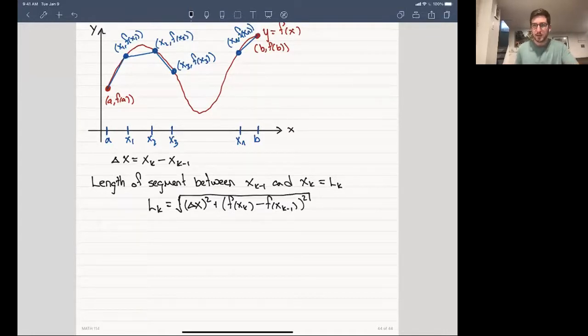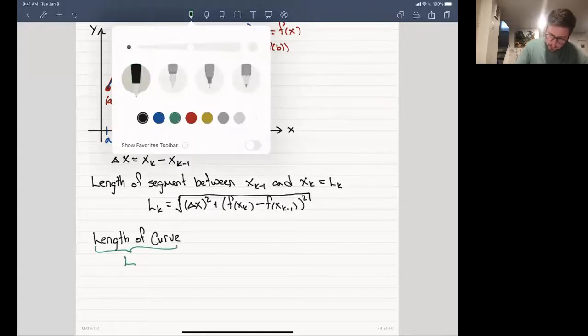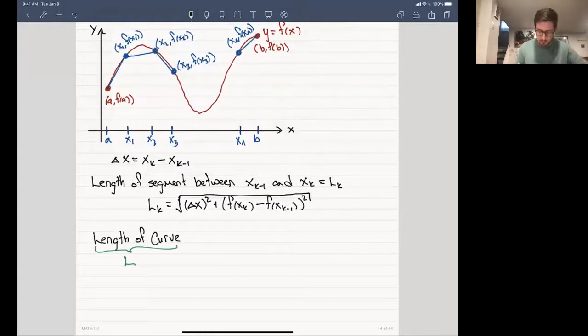And so this tells us that the length of the curve, which I will denote by, say, capital L, well, just like with the Riemann sum, this is approximately given by the sum over all of these little line segments here.